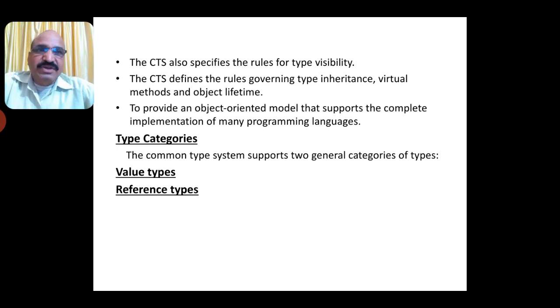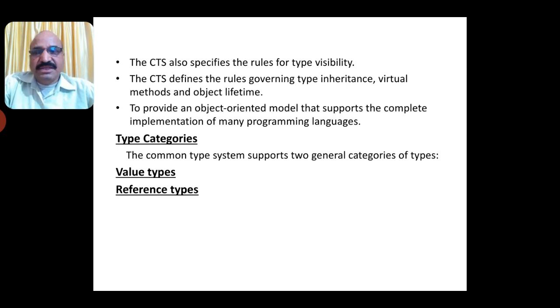CTS also defines the rules governing type inheritance, virtual methods and object lifetime. CTS provides an object-oriented model that supports the complete implementation of many programming languages. So these are the services provided by the CTS.